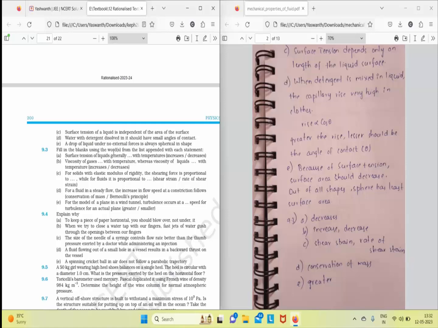Molecules on the surface will experience attraction force because of the molecules within the water. The molecules which are inside keep on pulling the molecules which are on the surface. So this causes a reduction in the surface area of the fluid.